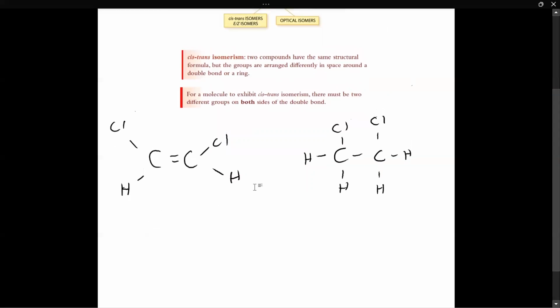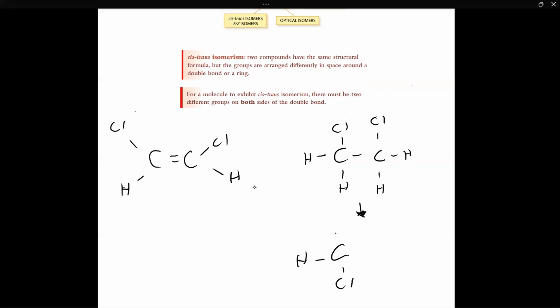Now, for dichloroethane, supposing I do this, these two compounds are the exact same thing. This is still dichloroethane, right? These two compounds are the exact same thing.